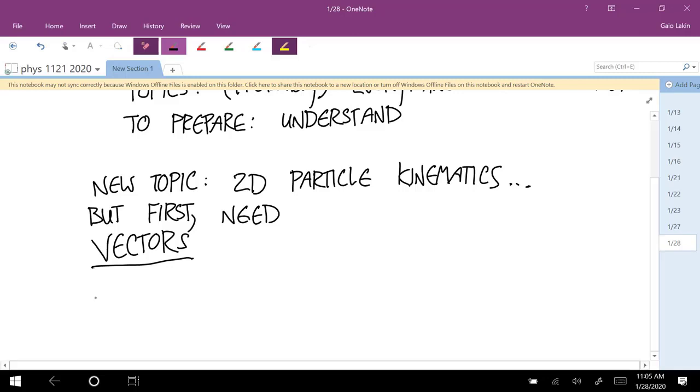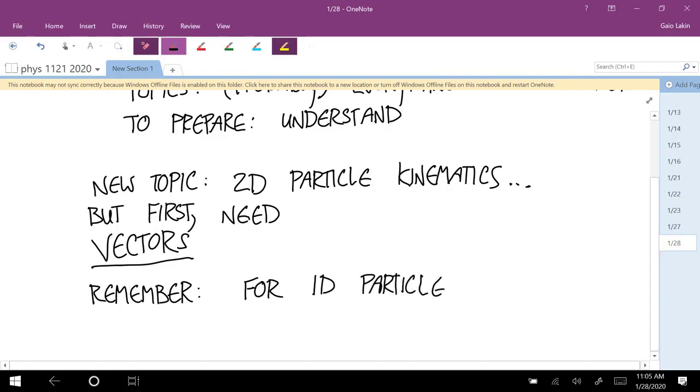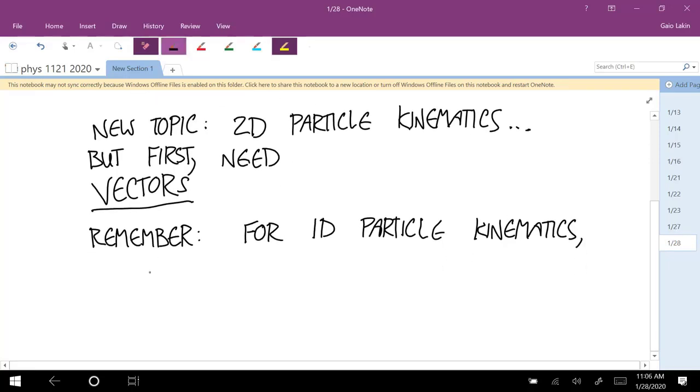Okay, so remember that for one-dimensional particle kinematics, directional quantities, so quantities that have direction associated with them, were what we dealt with.